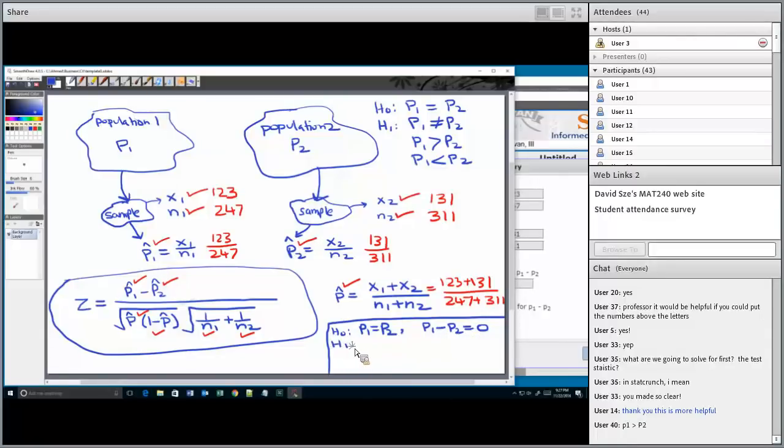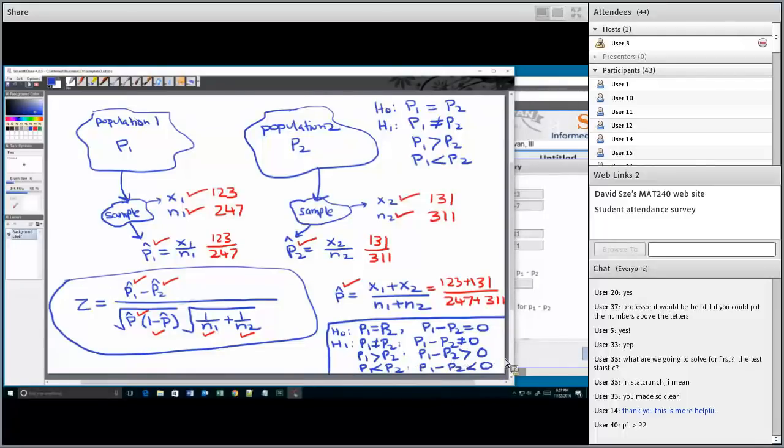Alternative: if the alternative hypothesis is P1 is not equal to P2, that's the same thing as saying P1 minus P2 is not equal to 0. If it's P1 greater than P2, that's the same as saying P1 minus P2 is greater than 0. P1 less than P2 is the same as saying P1 minus P2 is less than 0.